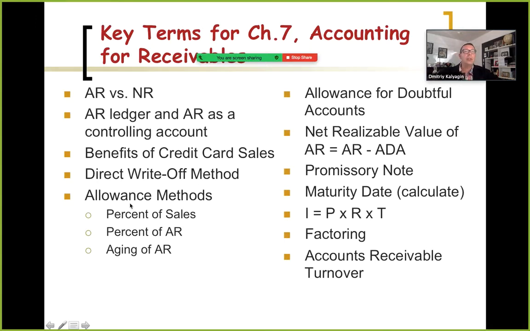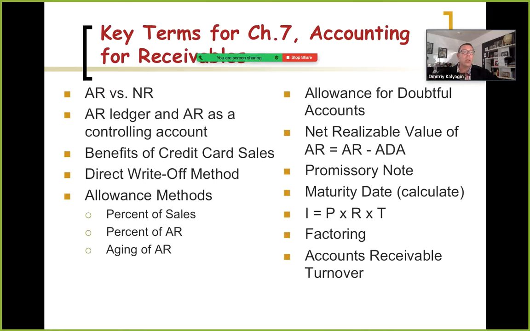And under allowance, you can do percent of sales, percent of receivables, or aging of receivables. We introduced a new contra asset account called ADA, or the allowance for doubtful accounts. You calculated net realizable value, or you can just call it net AR.